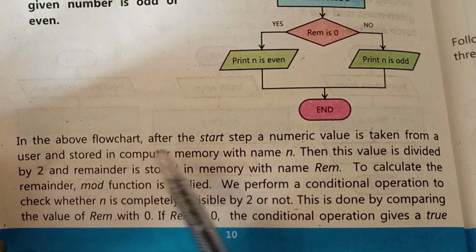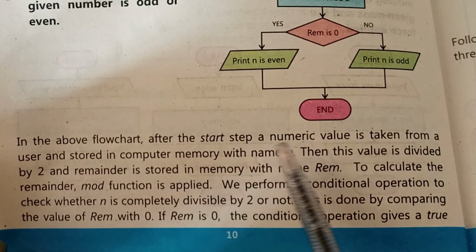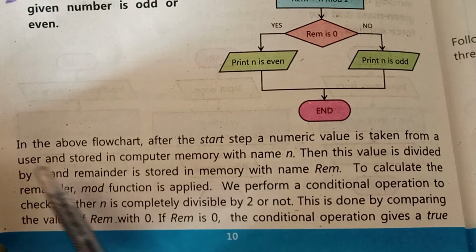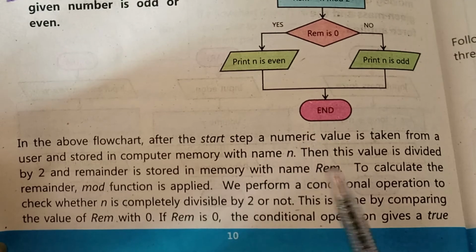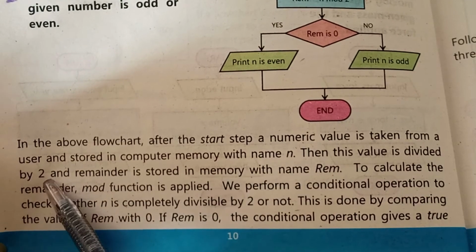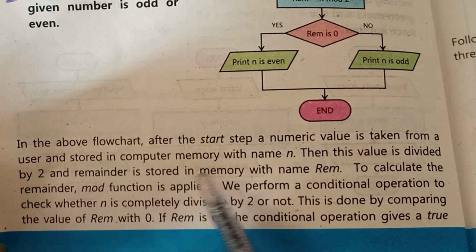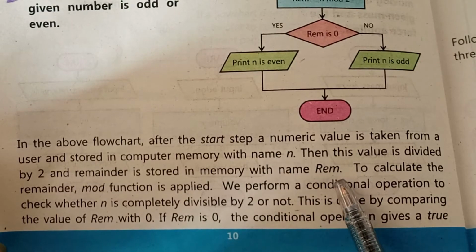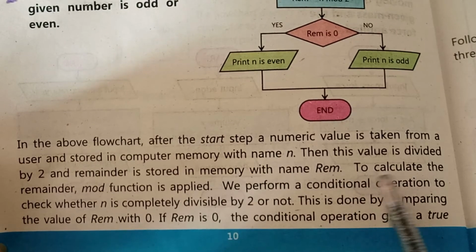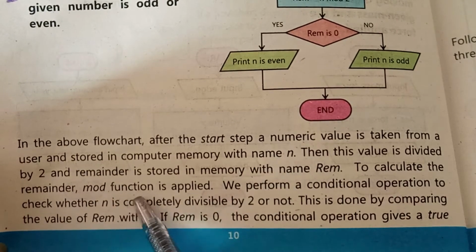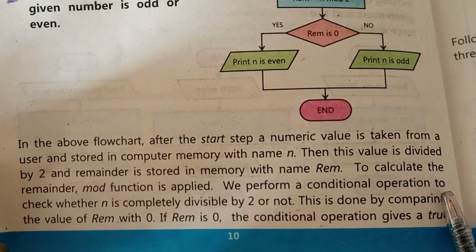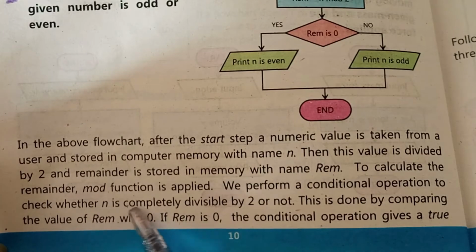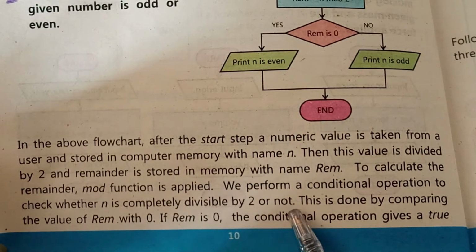Now here is the explanation of this flowchart. In the above flowchart, after the start step, a numeric value is taken from a user and stored in computer memory with name n. Then this value is divided by 2 and the remainder is stored in memory with name rem. To calculate the remainder, the mod function is applied. We perform a conditional operation to check whether n is completely divisible by 2 or not.